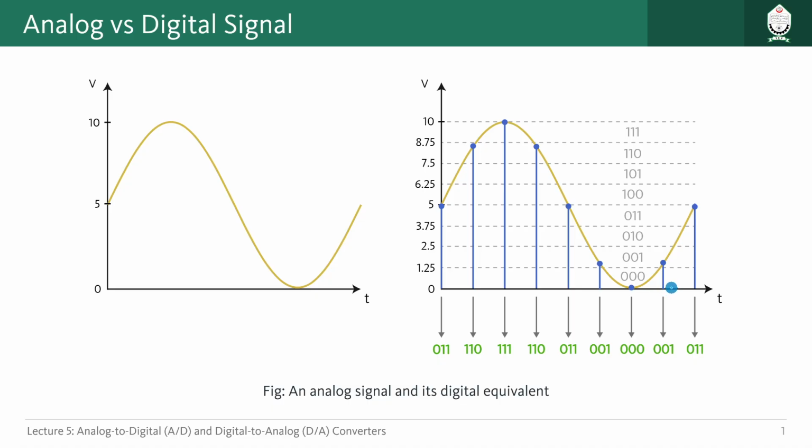After sampling, the vertical direction or the amplitude domain is still continuous. We have continuous values here. The reason we convert any analog signal to its digital version is because of the devices we have. The devices we use for any kind of communication or information passing are digital devices, and we have a finite amount of storage, right?